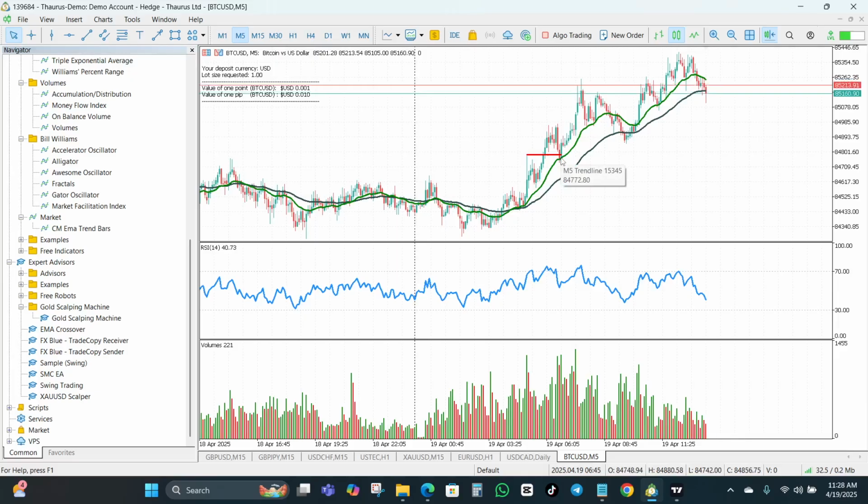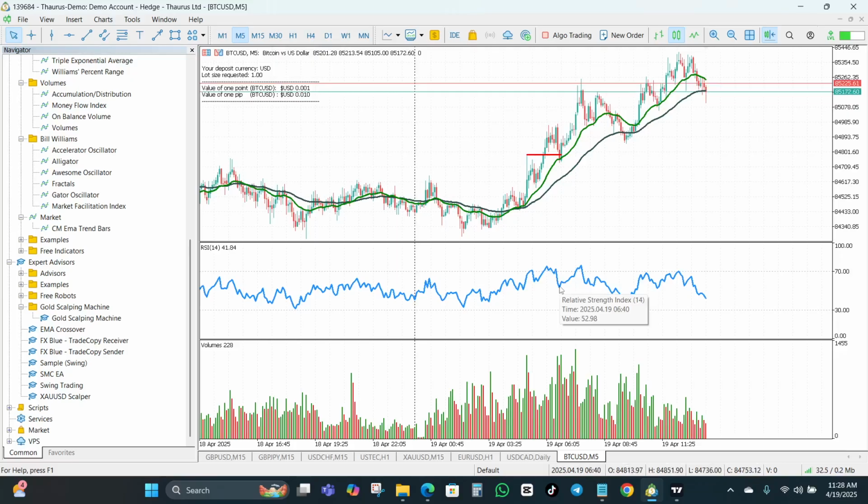Then the next thing you'll be looking at is your RSI and volume. You need RSI and volume confirmation. RSI should be showing momentum. All right. You should have your RSI above the 50 level. Okay, so it was above the 50 level around this point.